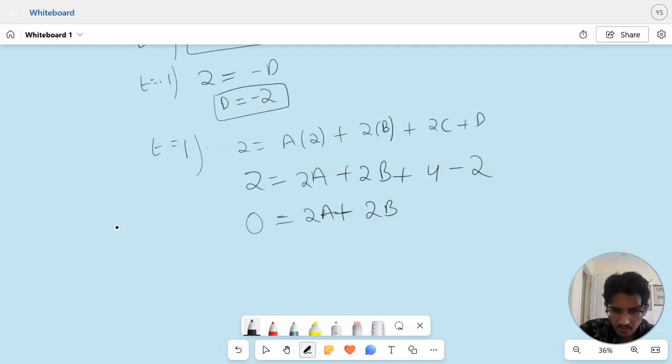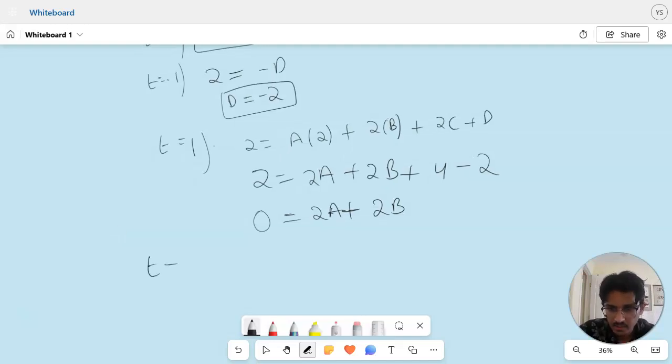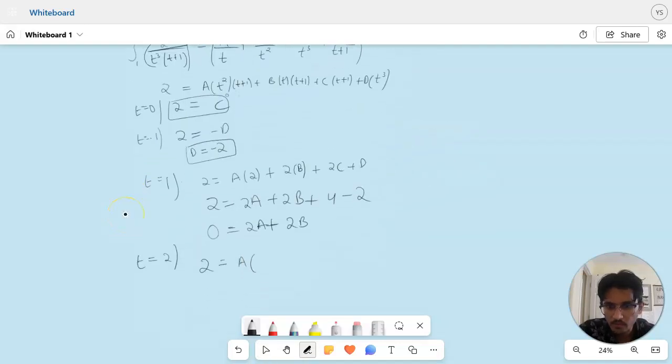Next step is, let's set T equals 2. So 2 is going to be equal to A times whatever our T was. So T is going to be 4, 3 plus B 2 cubed, plus C, and then 3 plus 2 to the 4, 4 to the 8, right?